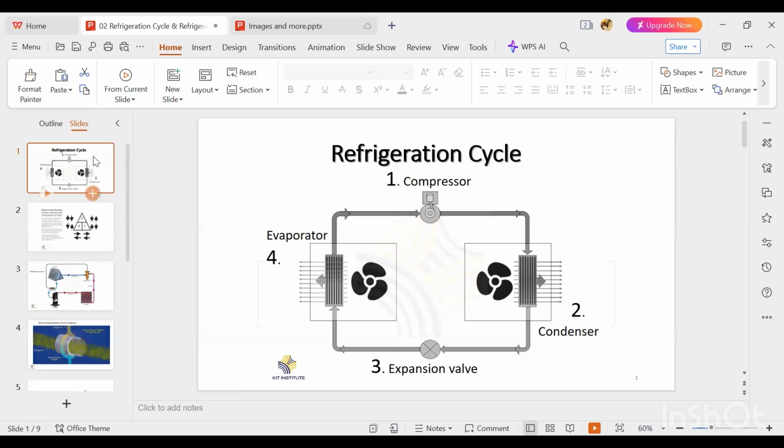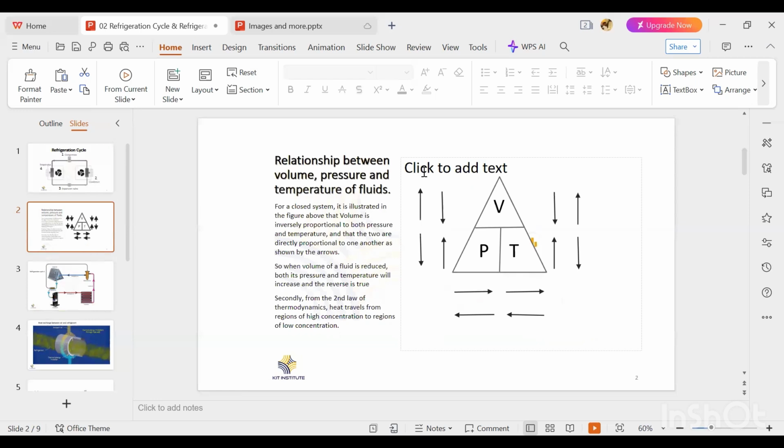So if you want to understand it better, let us first look at the second slide. This one is talking about the relationship between volume, pressure, and the temperature of fluids in general.